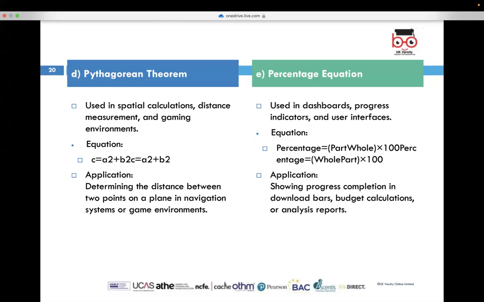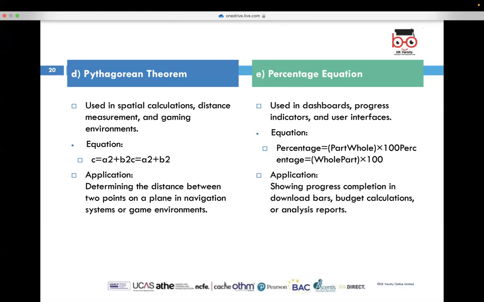The equation is c squared equals a squared plus b squared. So c equals the square root of a squared plus b squared. The application is determining the distance between 2 points on a plane in navigation systems or game environments.